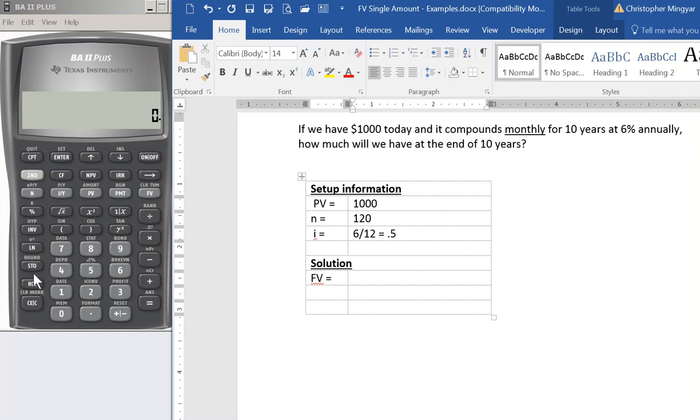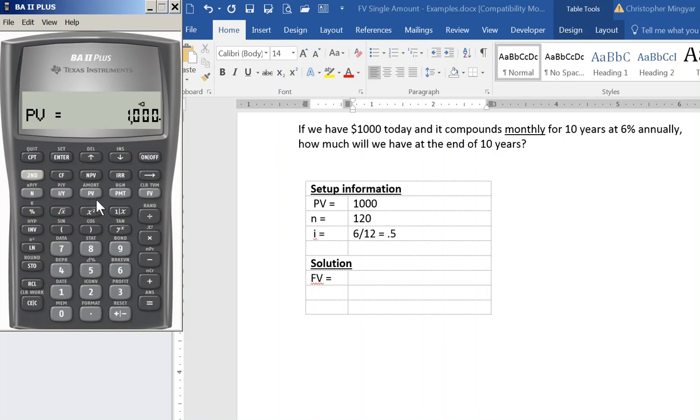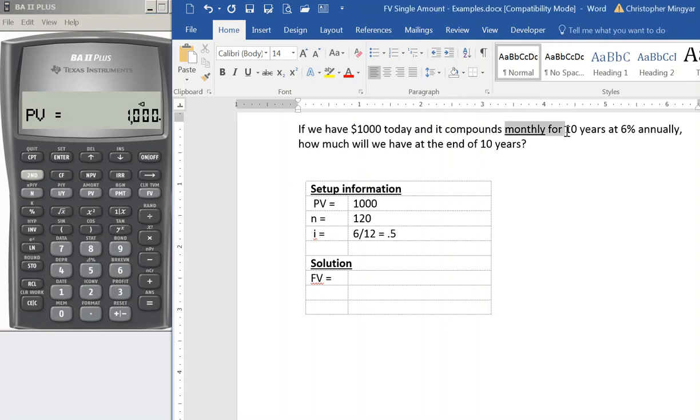So let's plug in the numbers. Second, clear time value memories. 1,000 goes under present value. Let's just do this calculation over here. Monthly for 10 years.